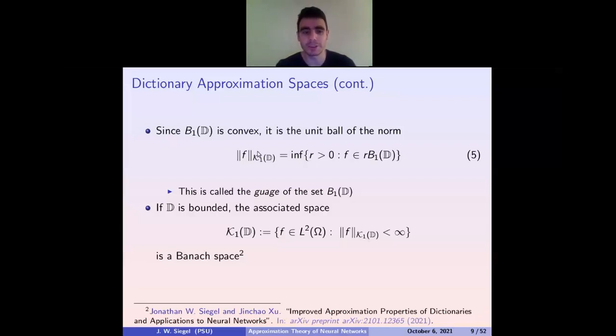This norm has the property that its unit ball is this convex hull, this class of functions we're interested in. It turns out, if the dictionary D is uniformly bounded with respect to the norm on X, then this space with this K1(D) norm has nice properties. It's a Banach space, and this is the class of functions we're going to consider going forward: the convex hull of your dictionary, with its associated norm.